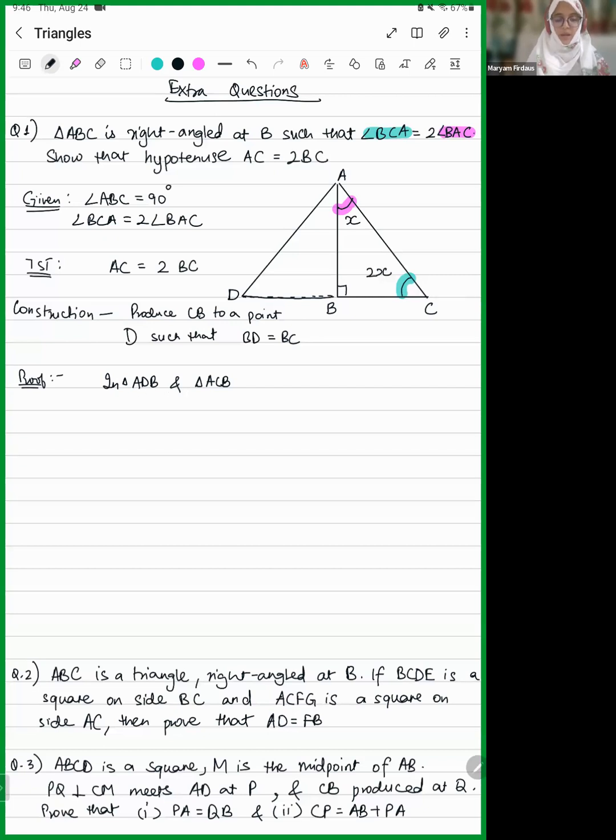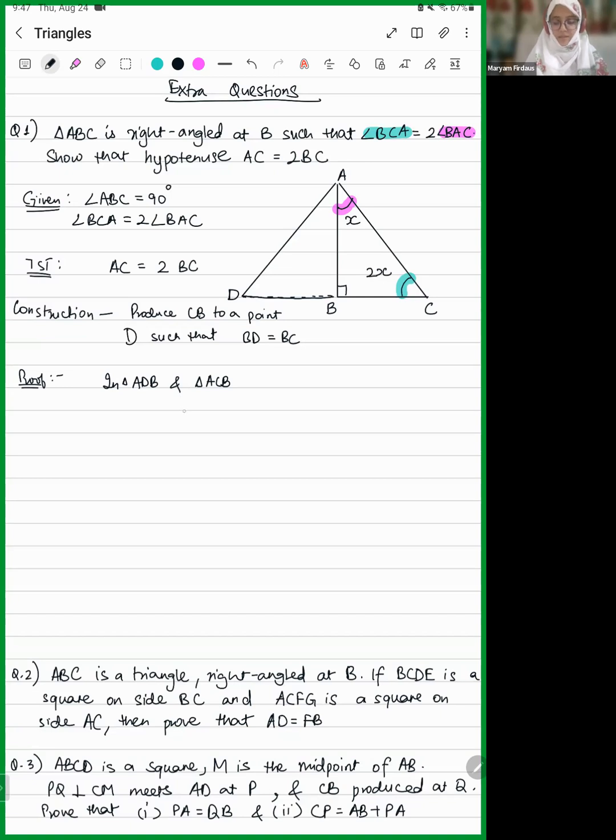In these two triangles, now how are they congruent? Can we show them as congruent? Is there any specific information given about the second triangle? No, there's no information given about the second triangle. We have constructed it for our purpose.